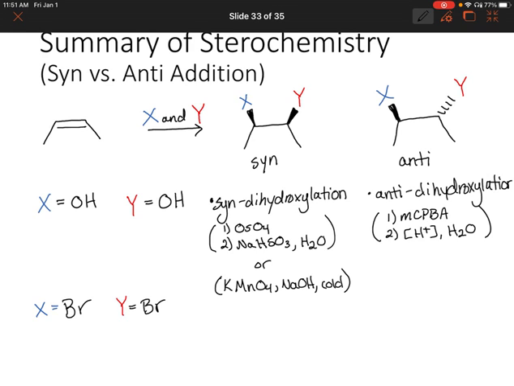Anti, because remember, in the halogenation mechanism, we form the bromonium ion. So that kind of blocks one side, and therefore the other bromine has to come in from the opposite side. So that is halogenation, and it's under the anti-addition category.